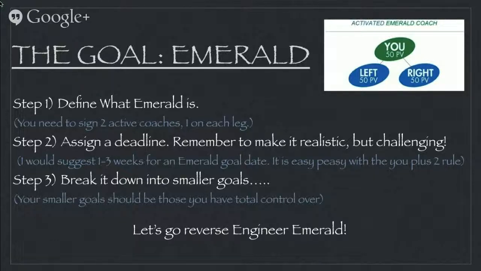You have no control over that. You don't have control over if you go emerald, but what you do have control over is how many people you invite and how you talk to them. So let's go and let's reverse engineer emerald.